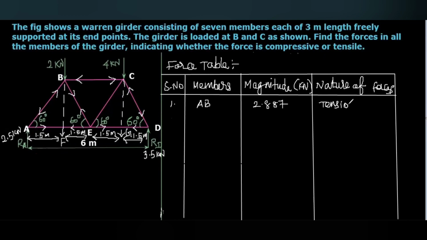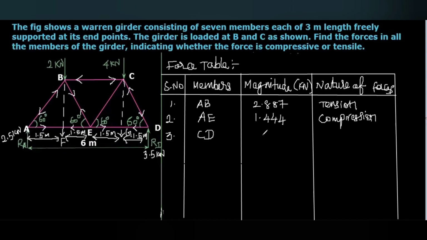That is tensile in nature. Then 2, that is force in the member AE. Numerically, we got the value 1.444 kilonewton. And then here you can see AE. This tended to push the body. So we can write this is compressive in nature. That is compression.